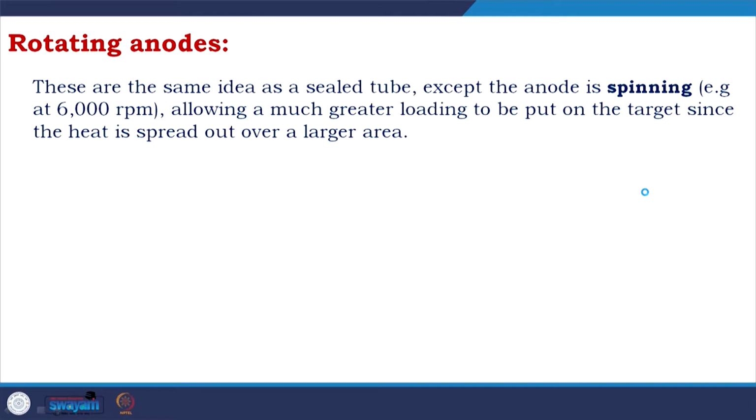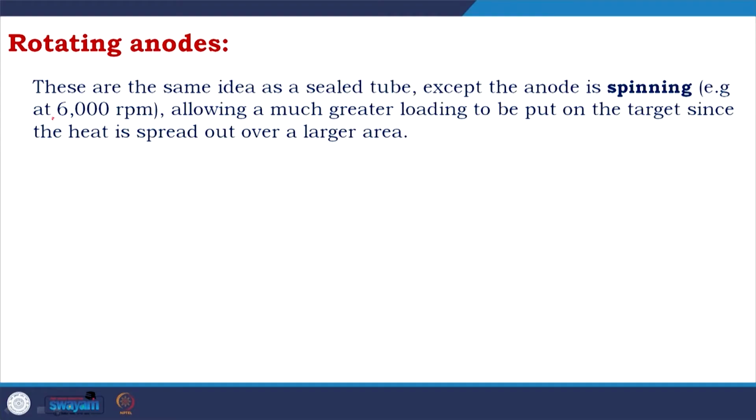Rotating anode, which is commonly used, follows the same idea as a sealed tube, except the anode is spinning at 6000 rpm, allowing a much greater loading to be put on the target since the heat is spread out over a larger area. Rotating anode is a derivative concept and it is the most used X-ray source.